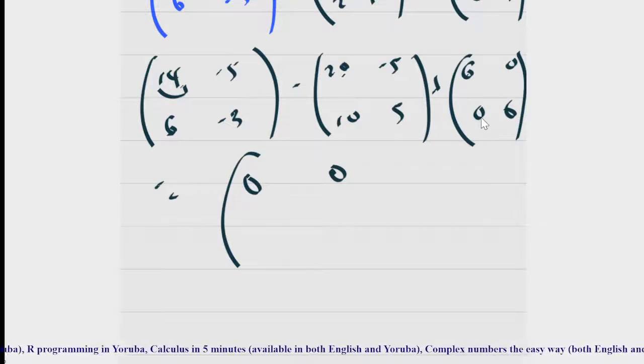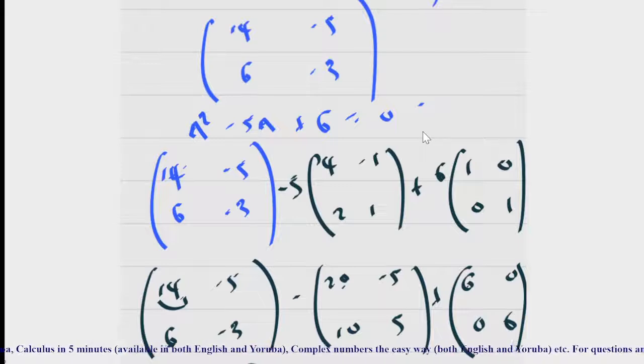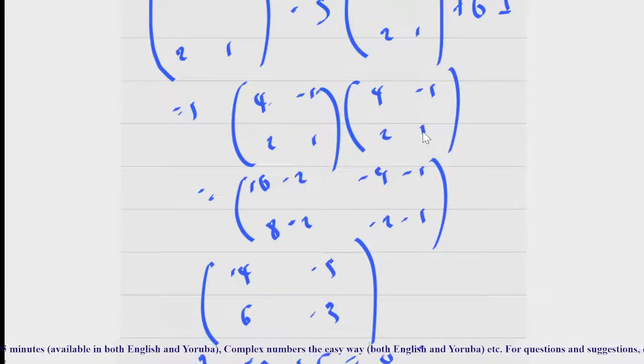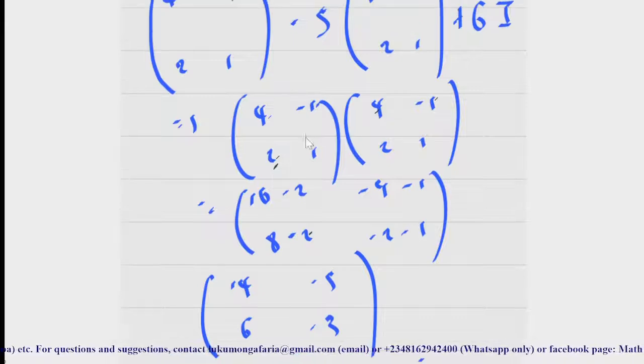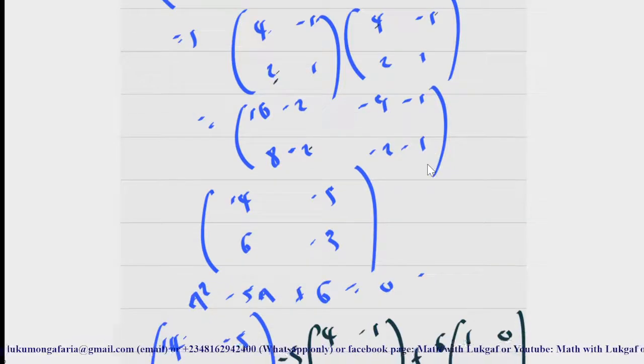Minus 4 plus 0, then we made a mistake here. So let me remultiply this again. We have 2 times 4, 8, right? Minus 2, which is 6, minus 2, minus 1. Let's say it again, 8 minus 2, so minus 2, minus 1, minus 3.